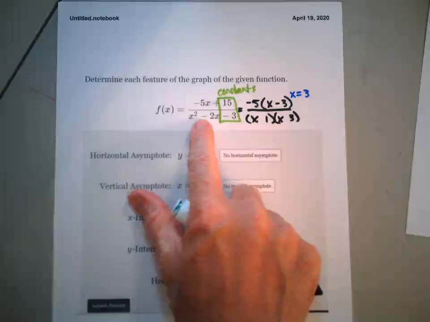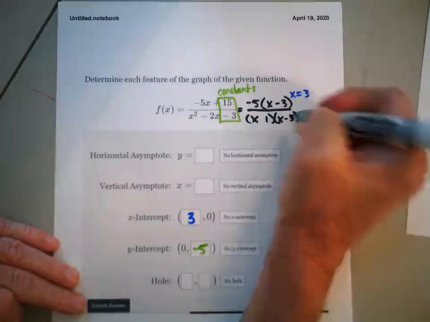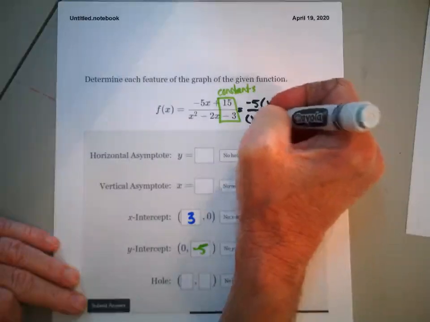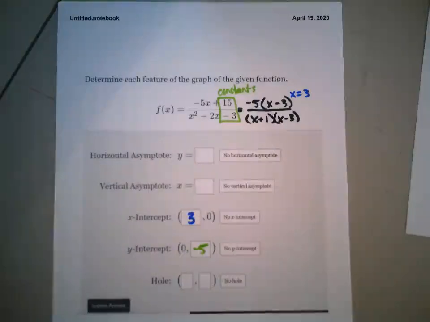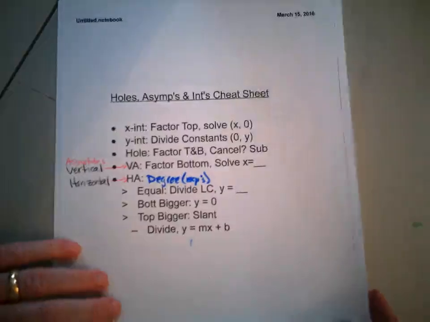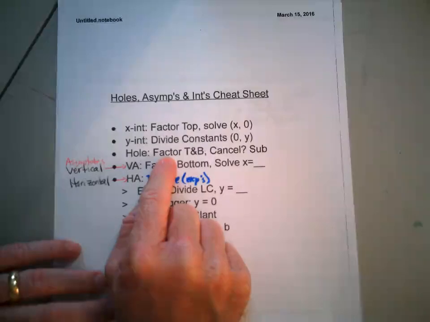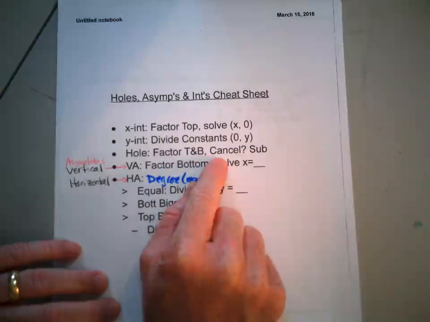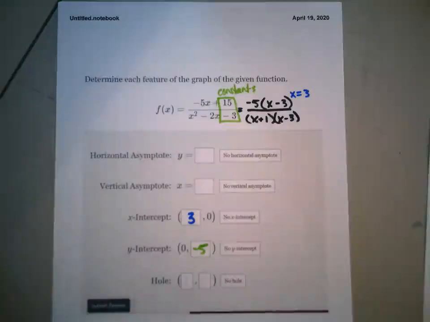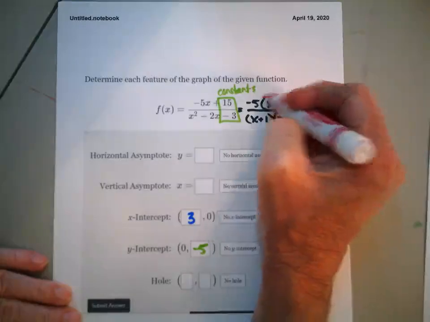You'll notice that the sign is negative here, so that's going to make the 3 carry the sign, and we get an x plus 1 on the other side. So we factor the bottom. We're finding the hole: factor the top and the bottom. Did anything cancel? Yes. If you'll notice, the x minus 3 and the x minus 3 will cancel right here.